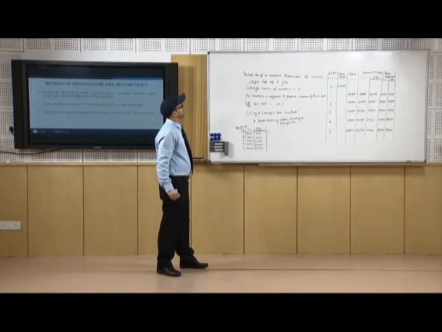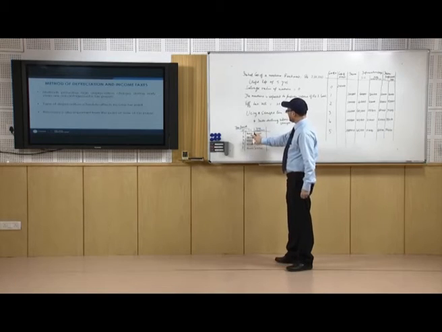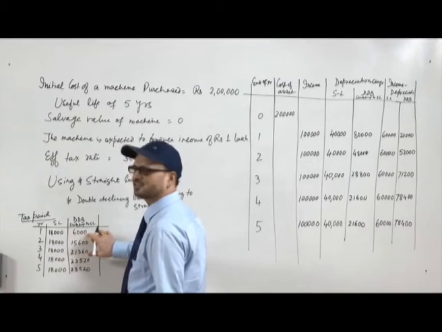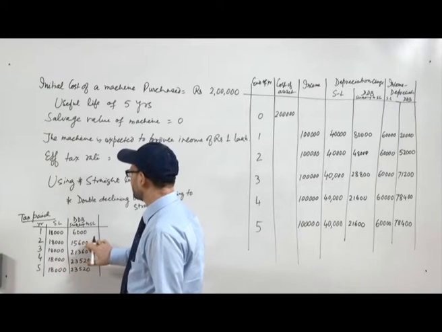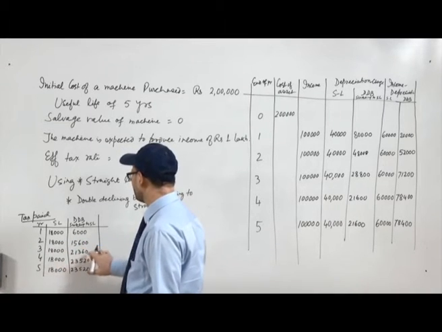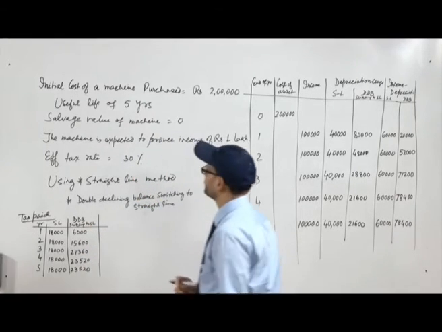Now, basically we are paying in the first year 18,000, where it is here 6,000, in the second year 18,000 where it is 15,600, and from the third year onwards we are paying more in case of DDB switching to straight line.